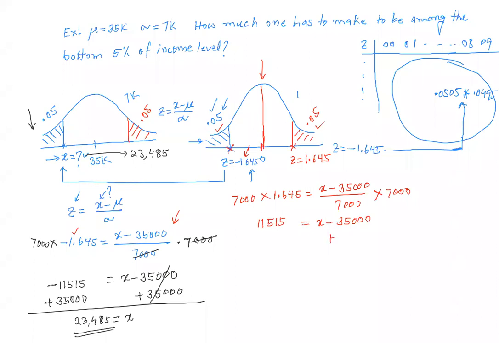If you add 35,000 to both sides, on the right these two cancel out, that gives you x. On the left, it's going to be 46,515.